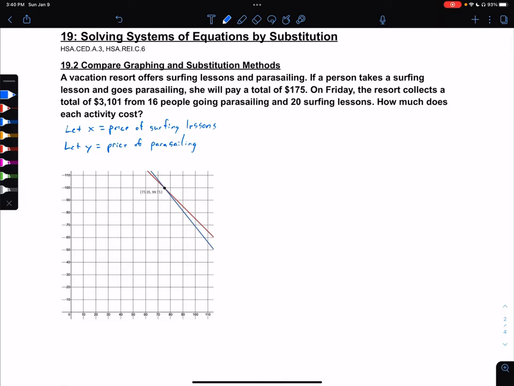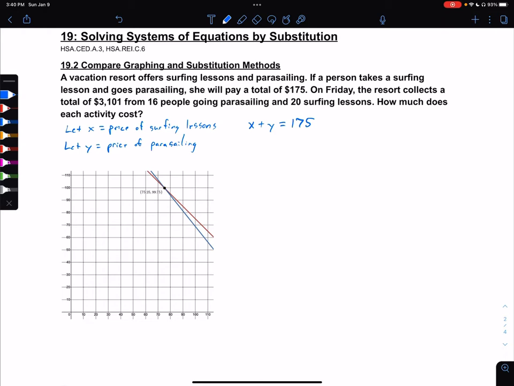We are told that if a person takes a surfing lesson and goes parasailing, she will pay a total of $175. So the first equation is x plus y equals $175. The second equation: on Friday the resort collects a total of $3,101 from 16 people parasailing and 20 surfing lessons.